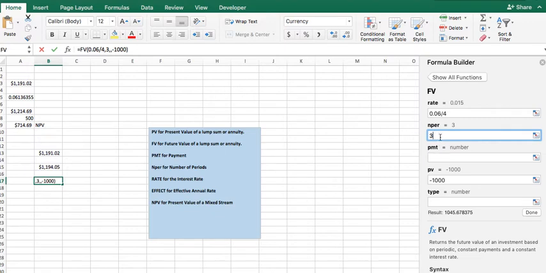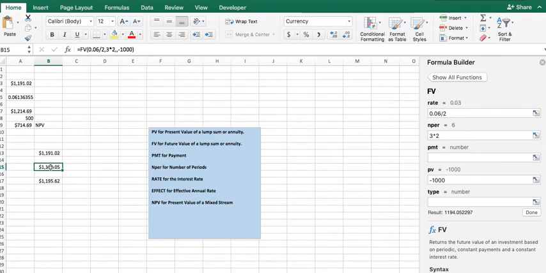There's 3 years, so 12 would be the number of periods. Once again, not hard to calculate in your head, but just to keep it consistent and be able to view the details of what you did later on, you could just say times 4, so star 4, and let Excel do the math for you. Click done there. And so you've got the different answers for various compounding methods used for one particular problem.